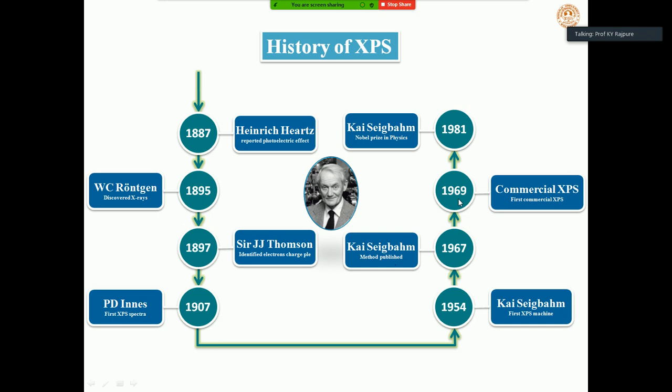In 1969, the first commercial XPS machine came into the market, and for his fundamental research on X-ray photoelectron spectroscopy, he received the Nobel Prize in Physics, the topmost award in physics, in 1981.